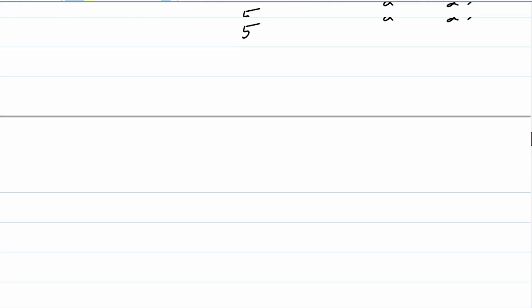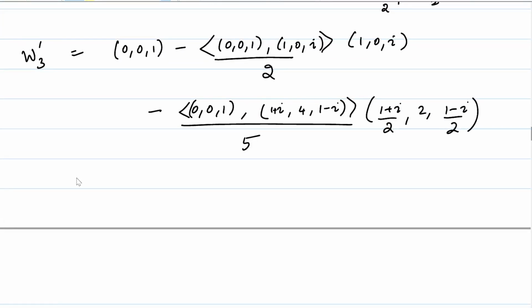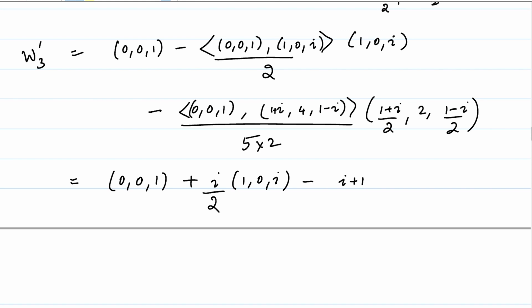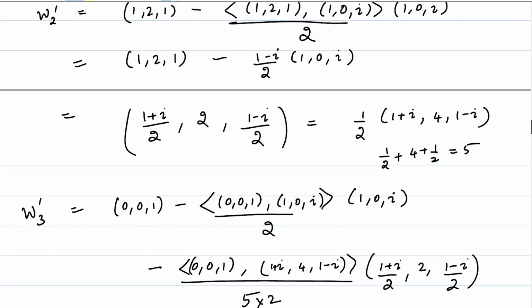Okay, let's compute what this vector is. It's quite computational, as I was indicating a bit earlier. This is going to be 0, 0, 1, minus the term here will be contributing, minus i by 2 times 1, 0, i. I hope I'm not making a mistake. This is going to be 1 plus i. Oh, there is a 2 that will come in here, because there's a half which I missed.